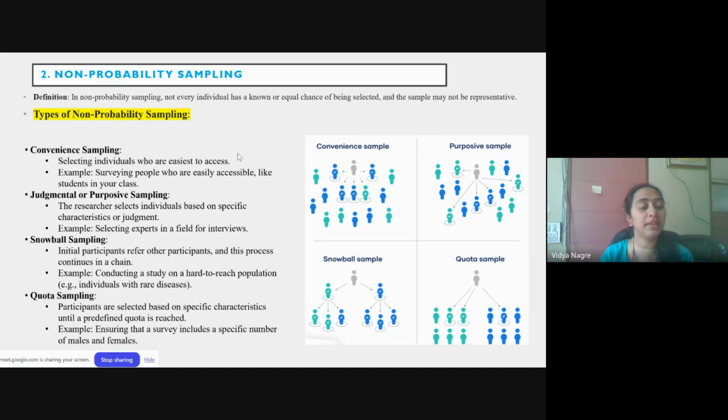Okay. Then judgmental or purposive sampling. The researcher selects individuals based on specific characteristics or judgment. So there is intention behind selecting a certain group of people. For example, selecting experts in the field for interviews. Let's say you have been asked to find some people, in our FDP or conferences also, where we have to give a session on research methodology.